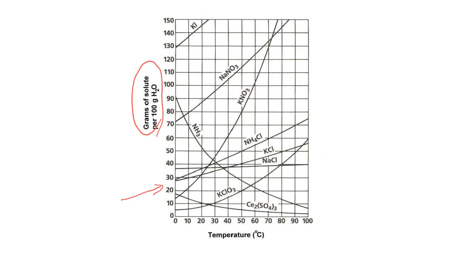These numbers are your grams of solute, the grams of solute that can be dissolved in 100 grams of water, which is your solvent. And over here is the temperature in degrees Celsius. That's how we're going to learn how to read one of these solubility curves. The one thing you have to understand is these little numbers all the way up are the grams of solute.